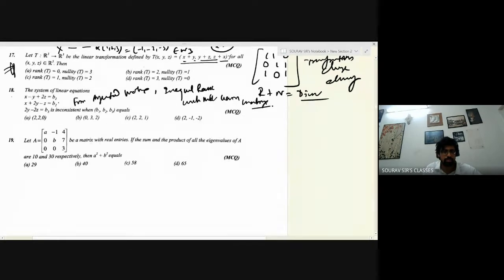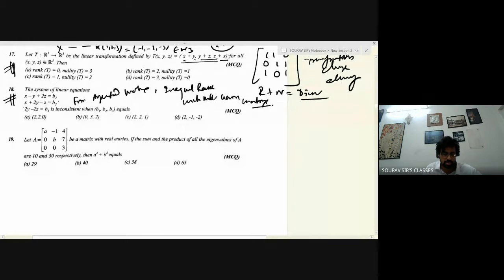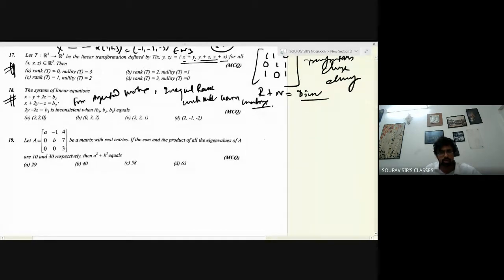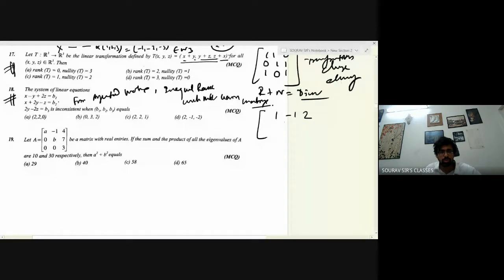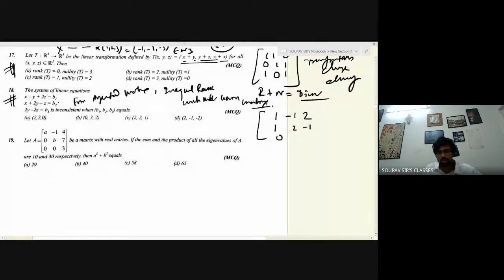Clear? I think you will be able to crack it. So the main matrix is 1, minus 1, 2, 1, 2, and minus 1, 0, 2, and minus 2. When it comes to the augmented together, B1, B2, and B3.